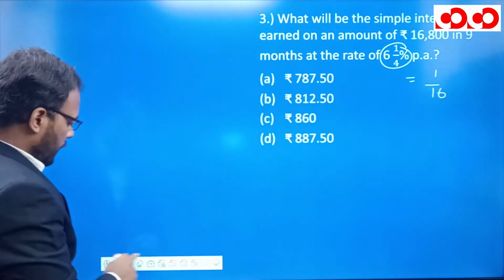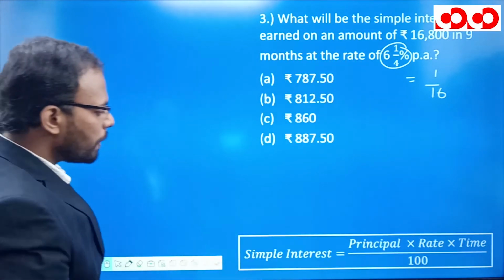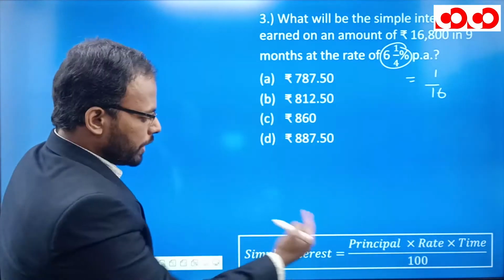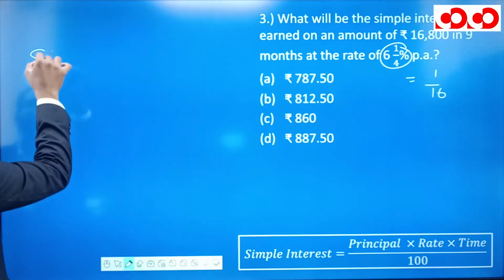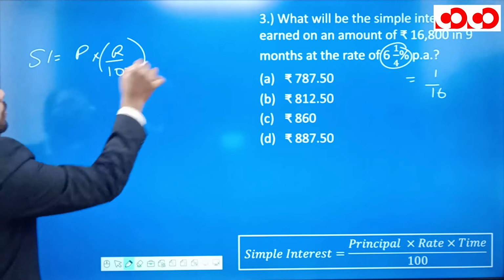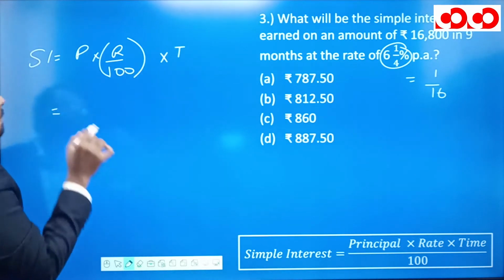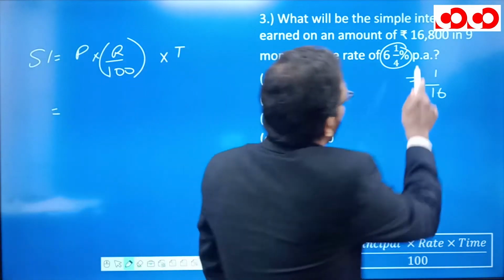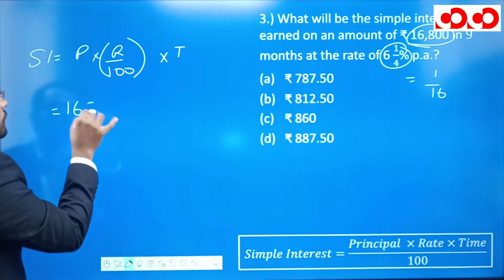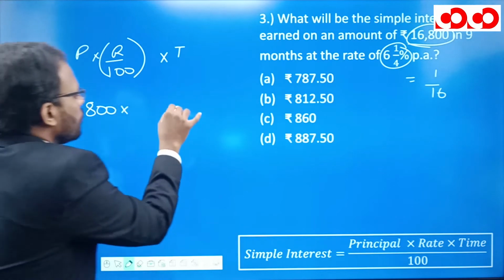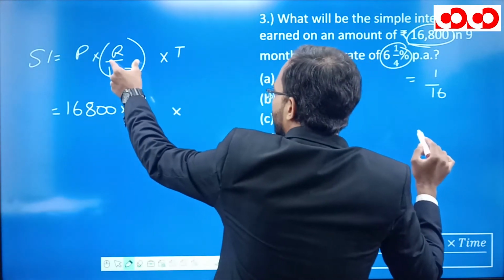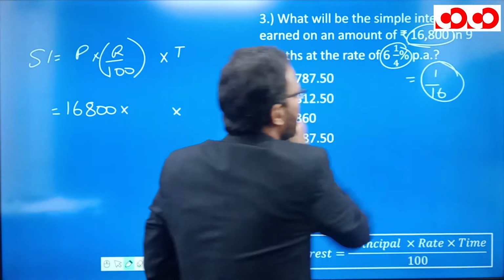Another formula which we need is simple interest is equal to principal into rate into time by 100, which is nothing but SI is equal to P into R by 100 into T. Now we know that this principal, see what we have to ask. This is my principal, this principal I'll write here as 16,800. Now the rate of interest is 6 1 by 4%, which we can replace by 1 by 16.